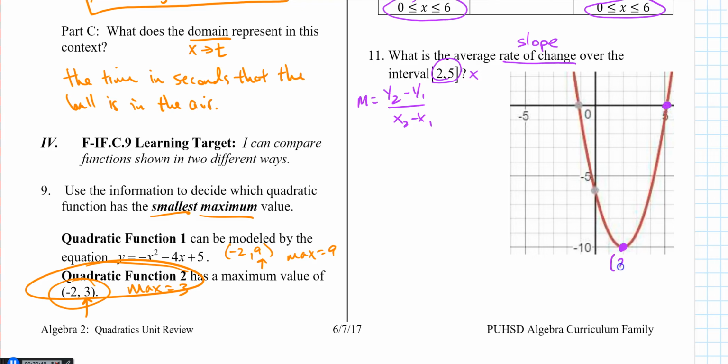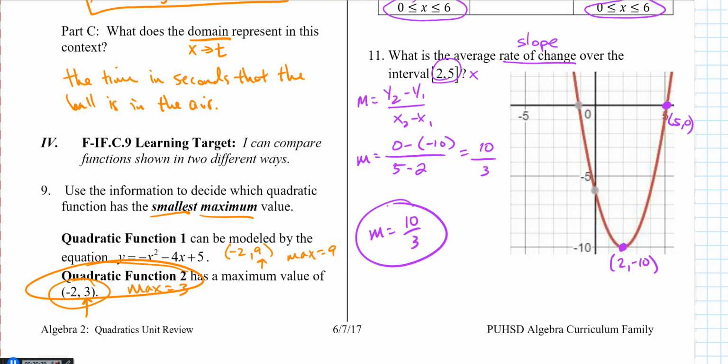Well, those points are (2, -10) and (5, 0). So if I plug stuff in, I'm going to say 0 minus -10 over 5 minus 2. That's 10 over 3. So my average rate of change is 10/3.